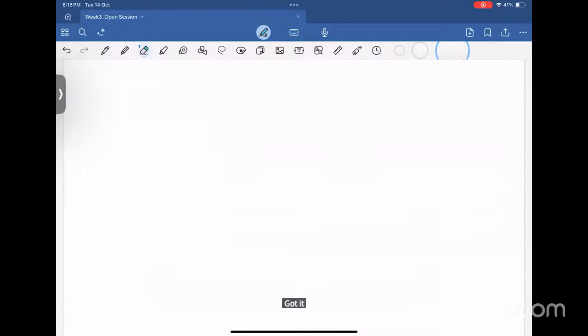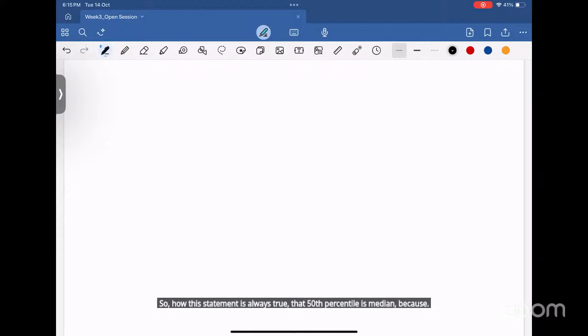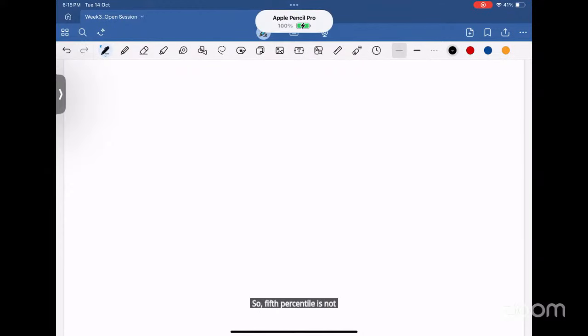And when we calculate the quartiles, we don't see the number of observations. So how is this statement always true, that the 50th percentile is the median, when the 50th percentile is not dependent on the number of observations? Oh, that's a good question.